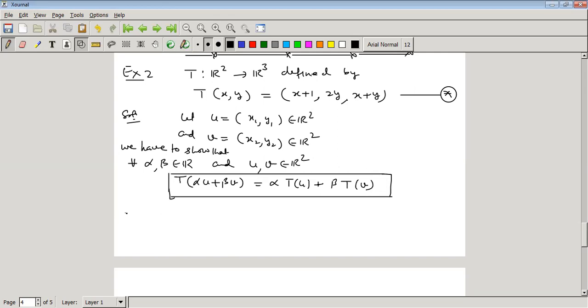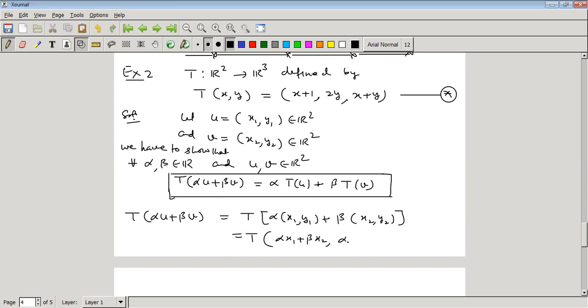So we start with T of alpha u plus beta v. We have already written how we can add. So I directly write here alpha times x1 y1 plus beta times x2 y2. So T of this becomes alpha x1 plus beta x2, alpha y1 plus beta y2.